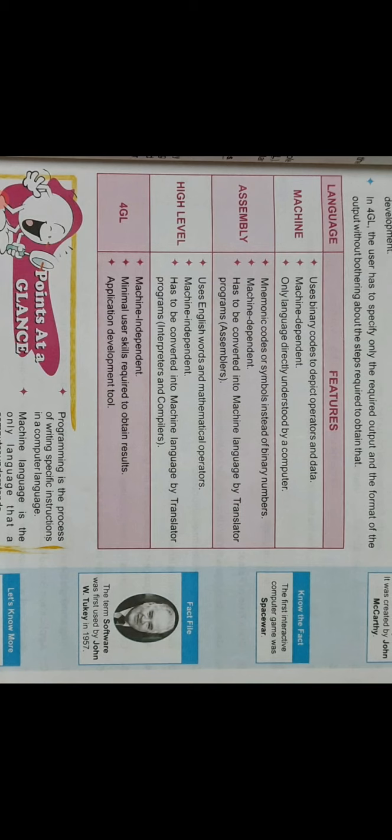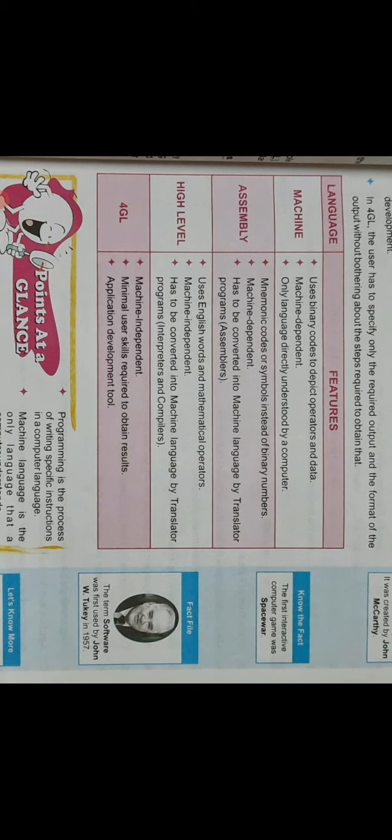Go to your exercise. First exercise we have the fill in the blanks. Number A, fill in the blanks. 1. A dash is a set of instructions which tells the computer what to do. What is the answer? Program. A program is a set of instructions which tells the computer what to do. The next one, number 2.